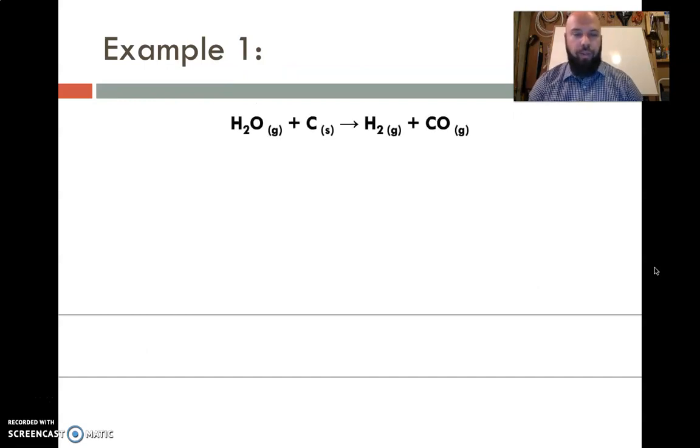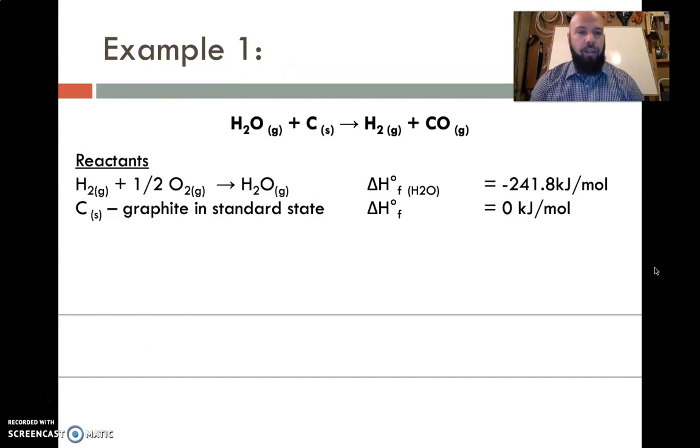Here we have the equation, and we have the formation of gaseous water from elemental hydrogen and oxygen as a negative 241.8 kilojoule per mole value. Graphite is in standard state, so it would have 0 for its standard molar enthalpy of formation.